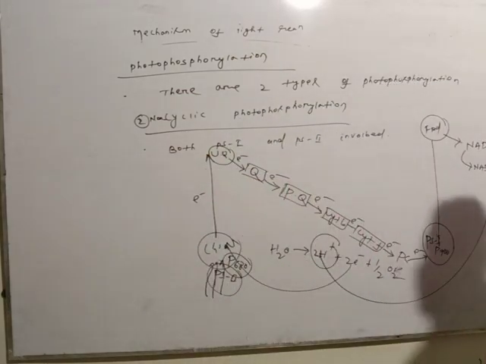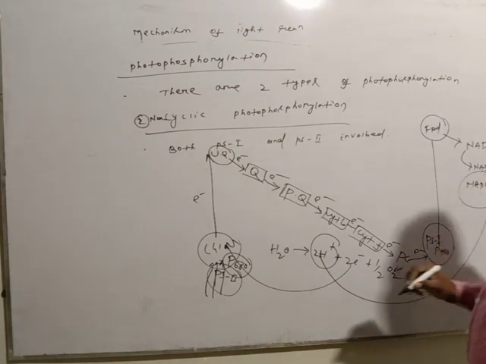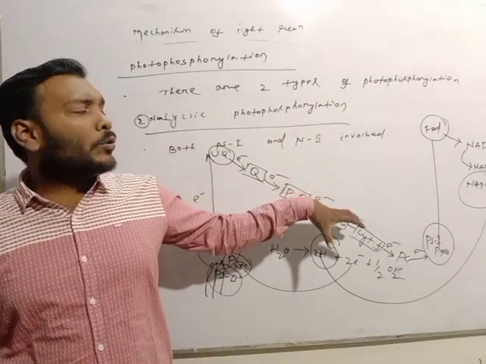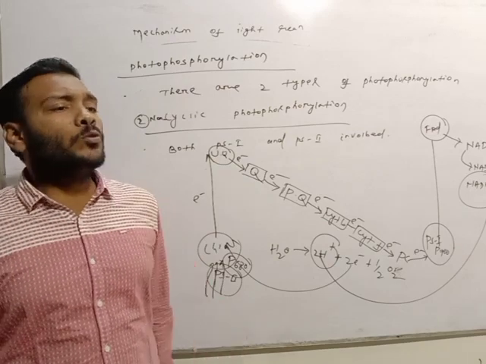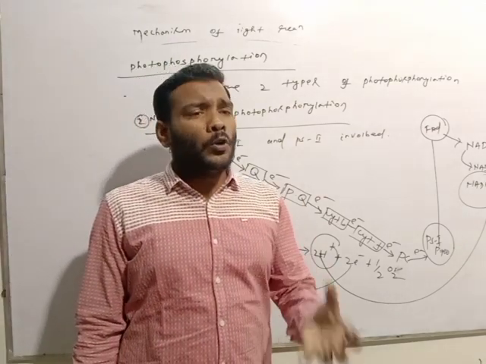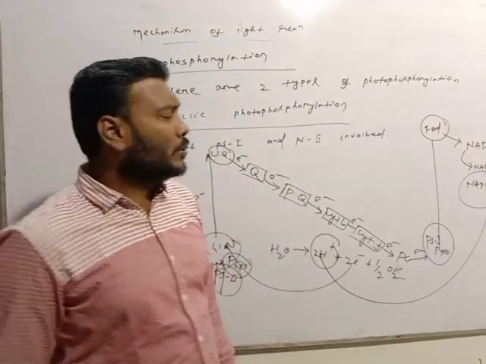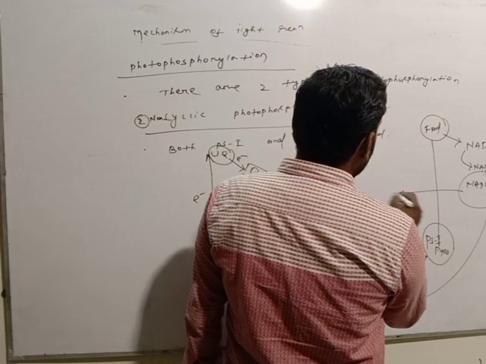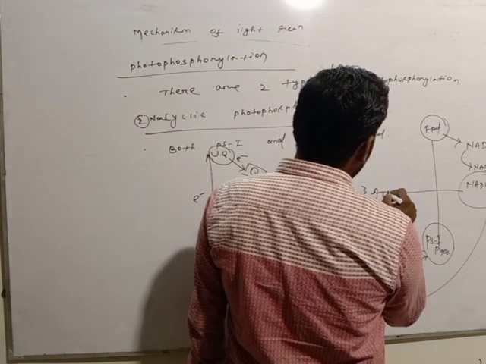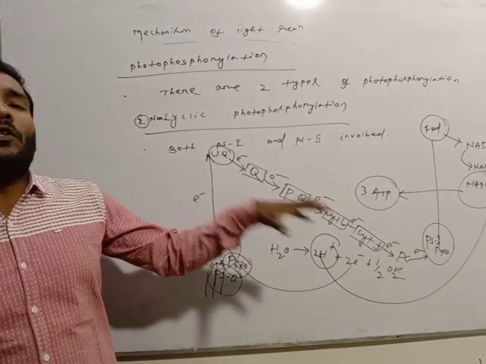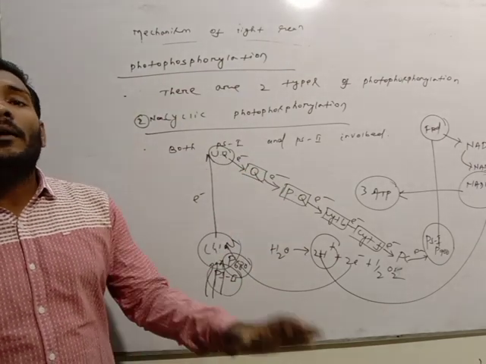moves here to form NADH2. The proton goes to NAD for the formation of NADH2, a reduced coenzyme, and the breakdown of one molecule of NADH2 results in the formation of 3 ATP. That's why NADH2 is also an energy yielding particle.